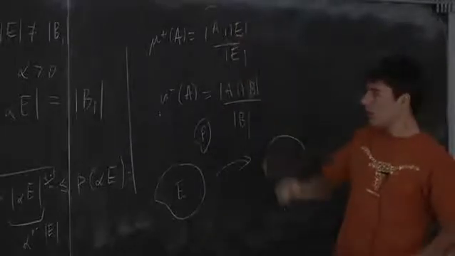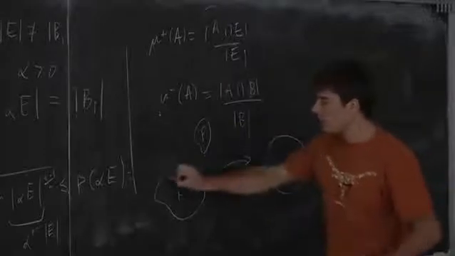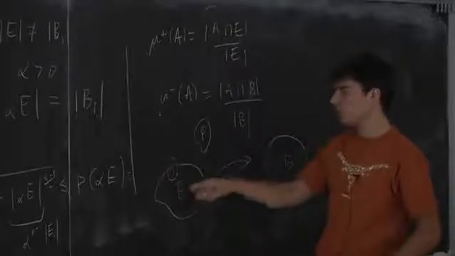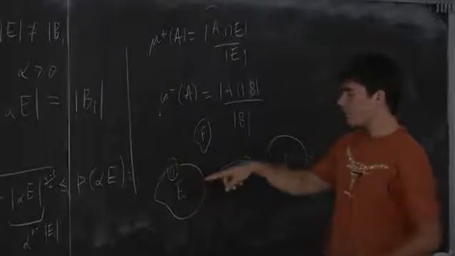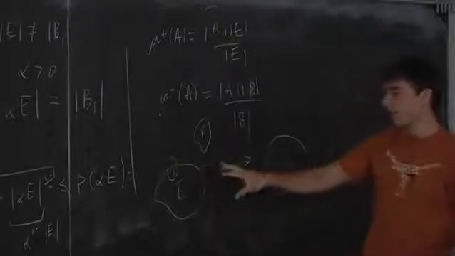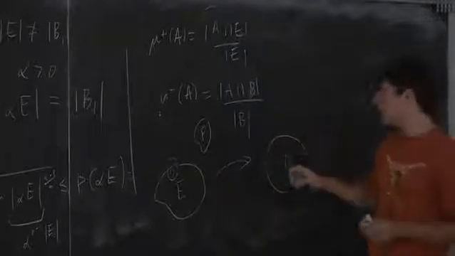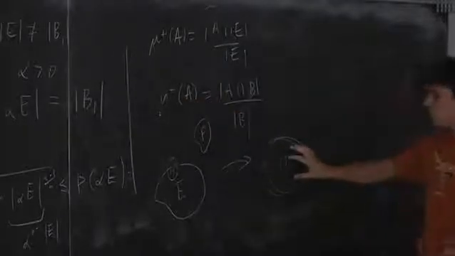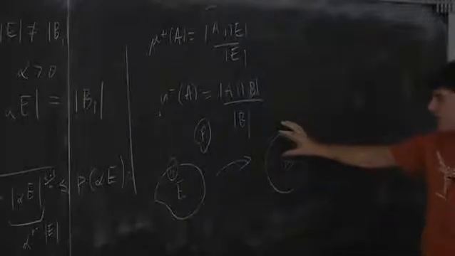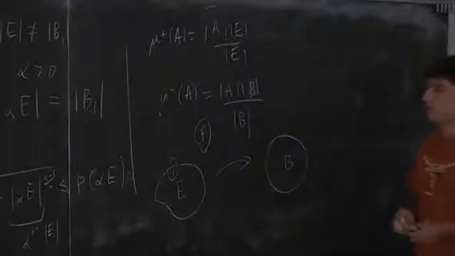So it's 0. So mu plus only targets sets that have a non-trivial intersection with E, right? And that sort of models that we're just moving the sand out of E. Think of E as the sand and B as the hole. OK, so mu minus, again, just targets sets that have a non-trivial intersection with the ball.